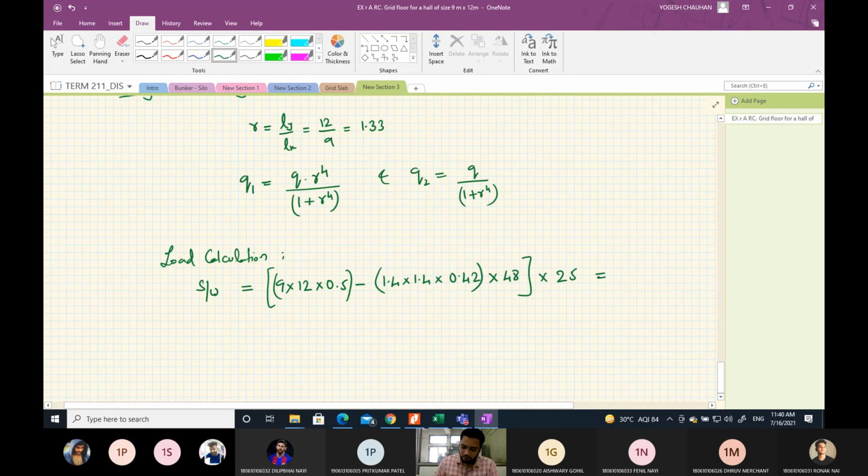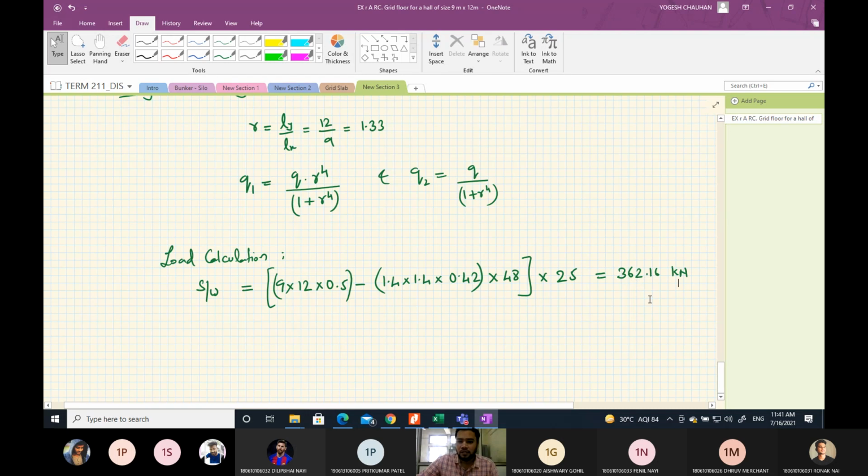So this will be 9 by 12 by 0.5 minus 1.4 by 1.4 by 0.42 by 48, multiplied by 25. That will give you a load of 362.16 kilonewton.